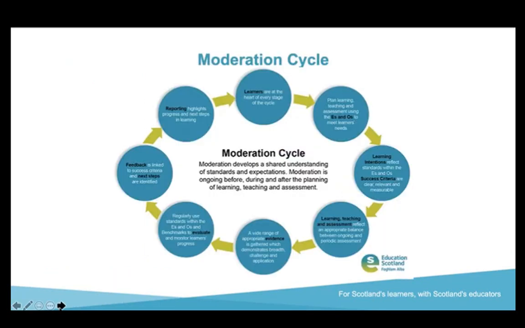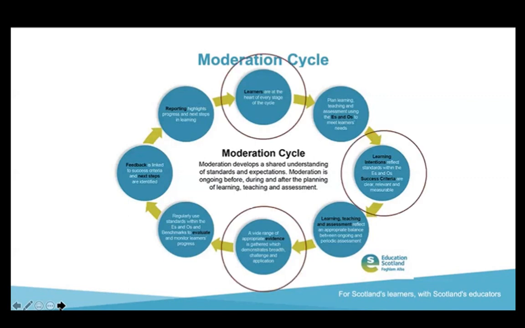And also, as we move from school closures to this blended model where we find ourselves at the moment, where some children are learning, or all children are learning at home, we shouldn't forget how we need to assess children's attainments and achievements, and the moderation cycle is really important for that.